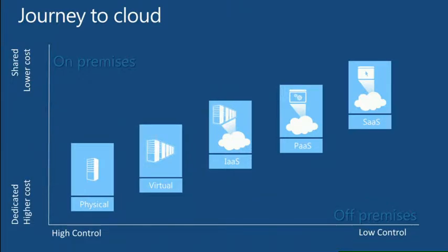So if you plot the spectrum, you'll see all the way from a physical IT managed environment, where you're running on raw iron, to a virtualized environment, which is your next step. You're essentially abstracting away your physical environment details. And then you're moving to infrastructure as a service, where there is a service phenomenon. It's not only virtualized, but there is also an aspect of it being a service.